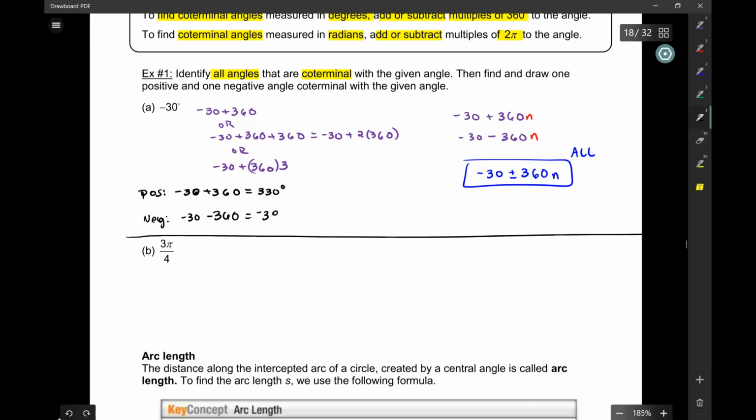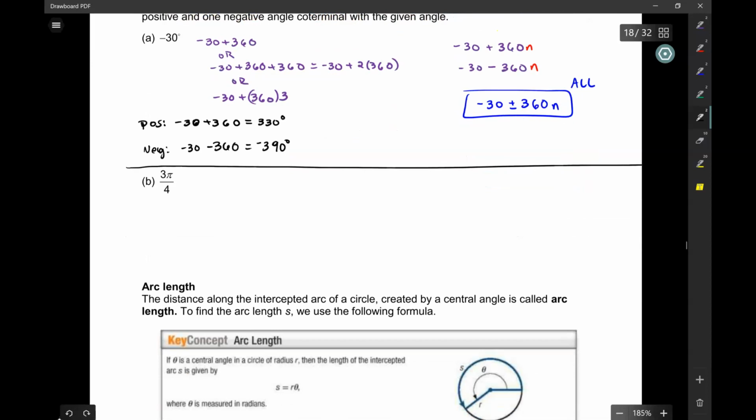Negative 390. All right? So this here in the purple was just work for us to reason through. You don't have to do it every single time. What you will probably do is the thing in the black and the blue boxed one, which you could just come up with in one shot.